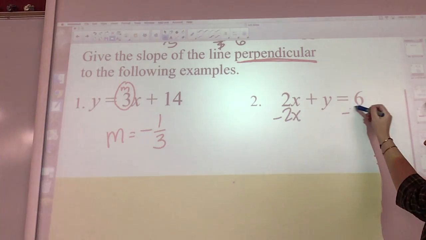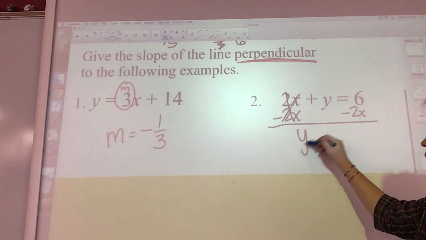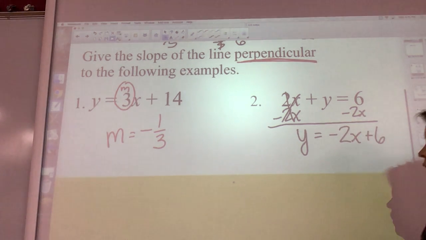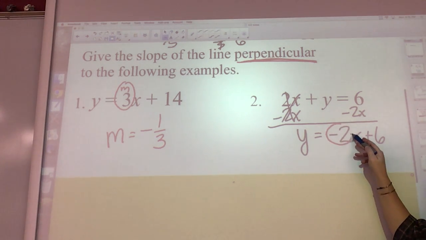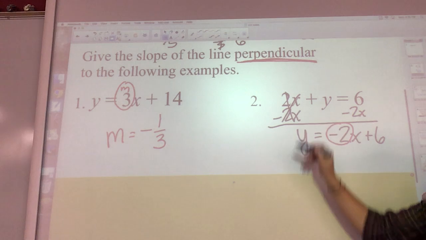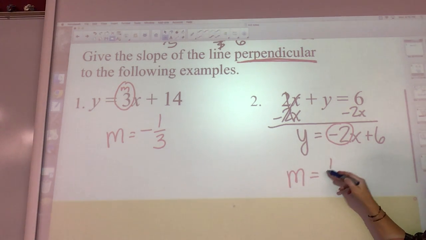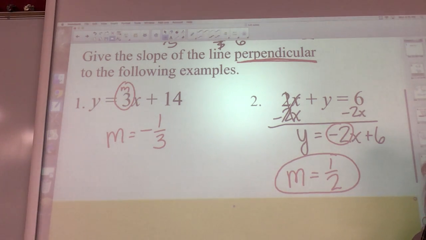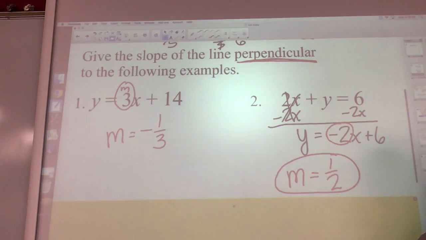Minus 2x, minus 2x, get it all set up. Y equals negative 2x plus 6. Yes, your slope is negative 2 right here, but they want perpendicular to negative 2, which is the opposite reciprocal. M equals 1/2. Opposite of a negative is a positive, the reciprocal of 2 is a 1/2.